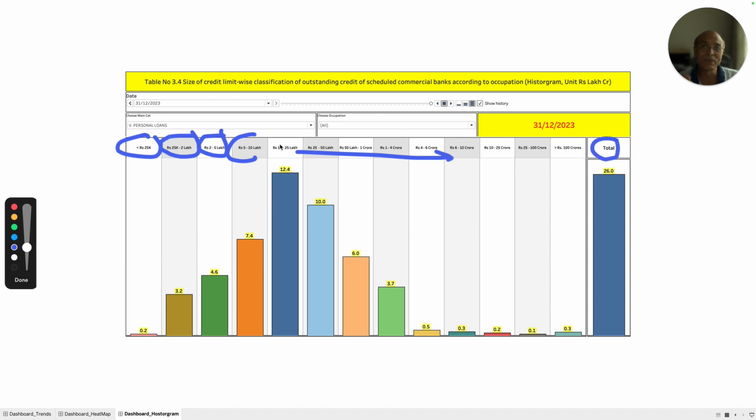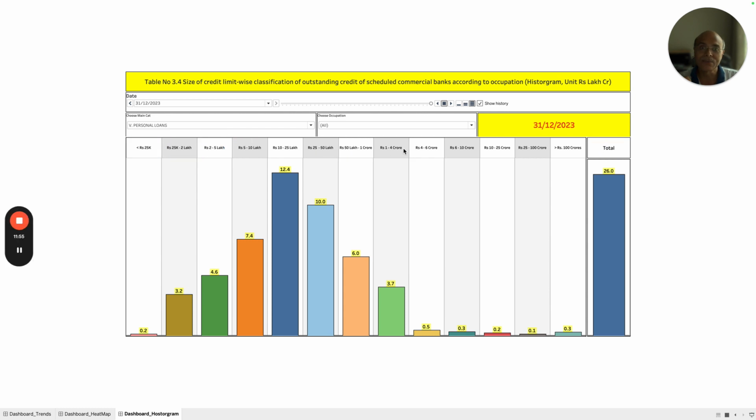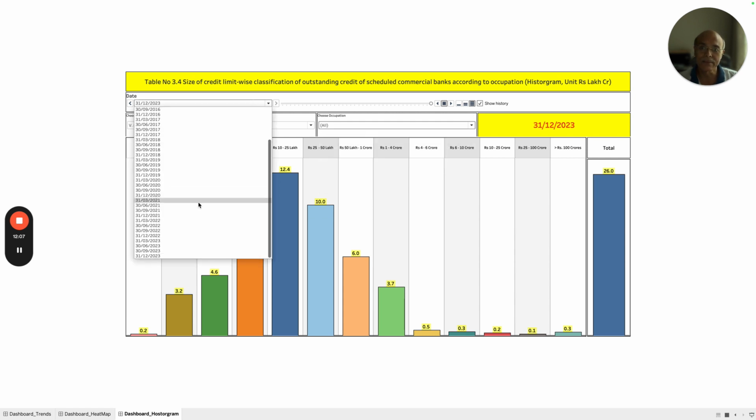I can choose different dimensions of personal loan from this drop down menu, and I'll run a simulation to show you how this trend has changed from the beginning of the time scale, 30th September 2016.